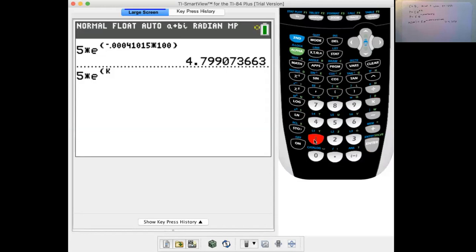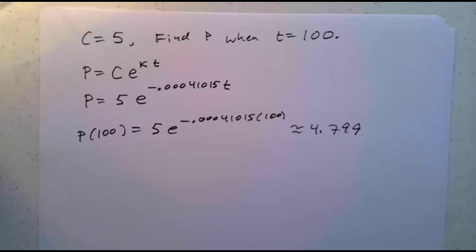And I expect I will get a number very similar to 4.799. And I do, indeed. I'm good out to 5 decimal places or so. So that's how much remains at the end of 100 years. We started with 5 grams, now we're at 4.799. Not much decayed after 100 years.